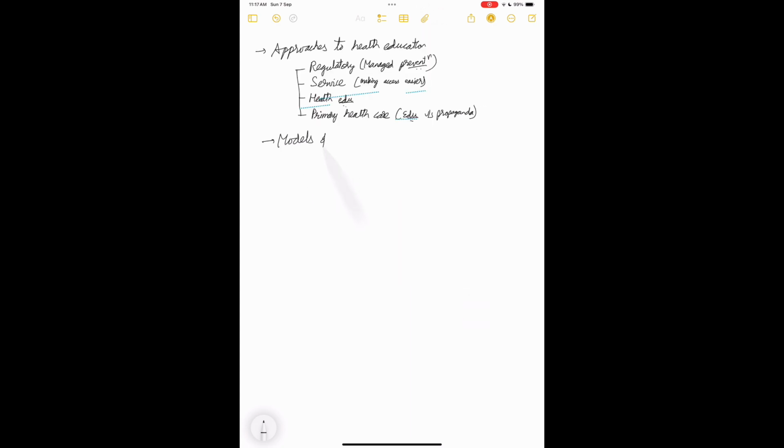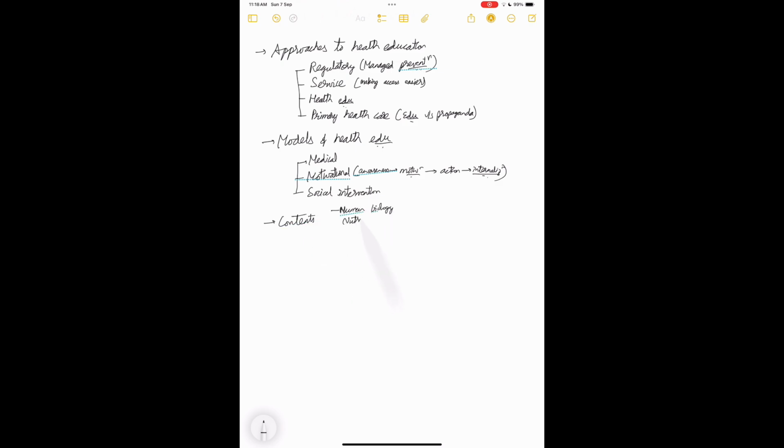Now coming to the models of health education, basically what's your intention when you want to educate people? First we have the medical model, then we have the motivational model, then we have the social intervention model. The core of the motivational model is internalization of new values into acquired behavior, which is performed after taking action on the information that is so obtained.